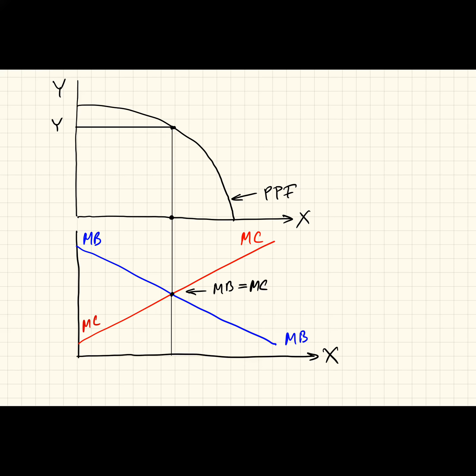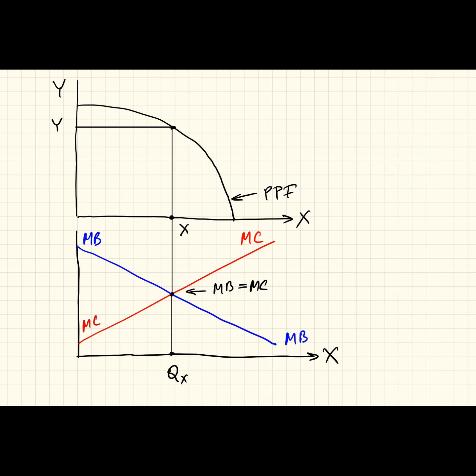Actually, we will be producing. I mean, we don't really have a choice, because if you pick your X, then your Y is given, because your PPF tells you how much of good Y you will be producing given the amount of good X. All right, so this is Q X we have here.